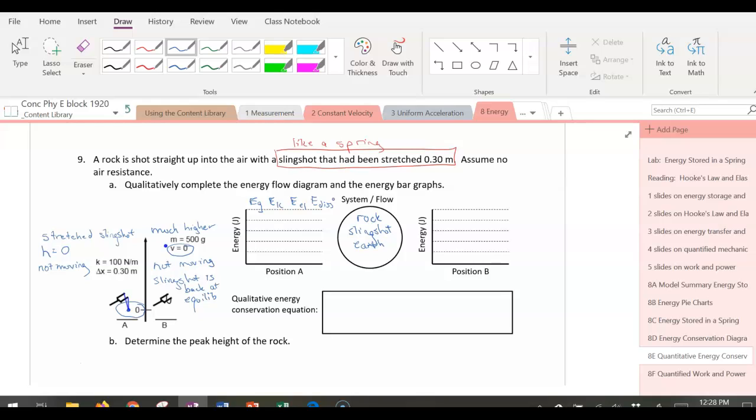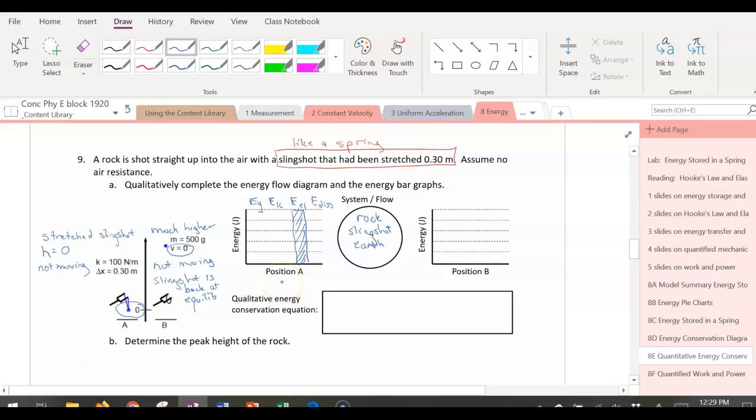Let's take them one at a time. Does it have any gravitational potential energy? No. The height is 0, so Eg is 0. Does it have any kinetic energy? No, it's not moving. Does it have any elastic potential energy? Yeah, it has a lot of that because the slingshot is being deformed and it's a reversible deformation.